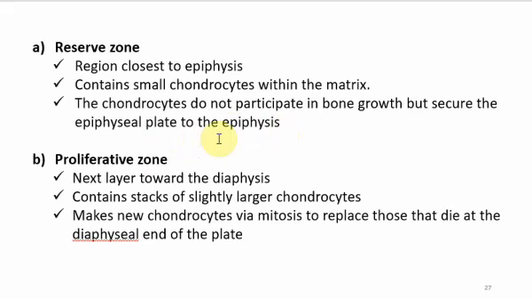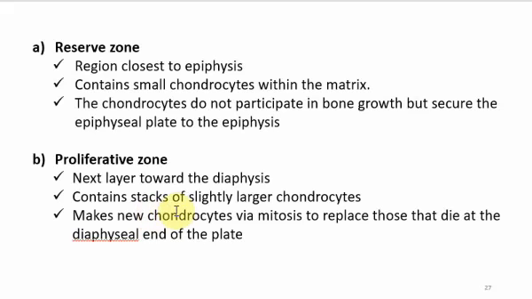Now coming down, we have the proliferative zone, which is a very thin layer as we move down towards the diaphysis. It contains a group of slightly larger chondrocytes in relation to the size of the chondrocytes in the reserve zone.